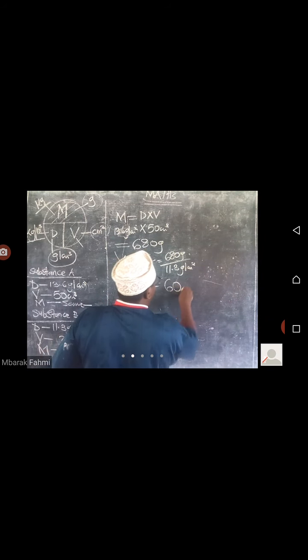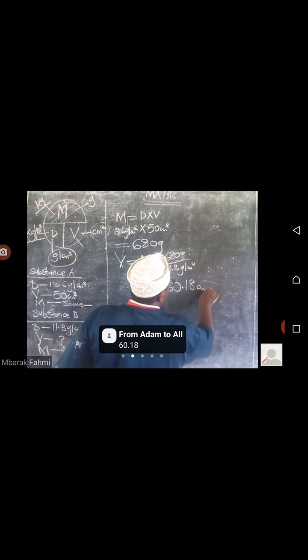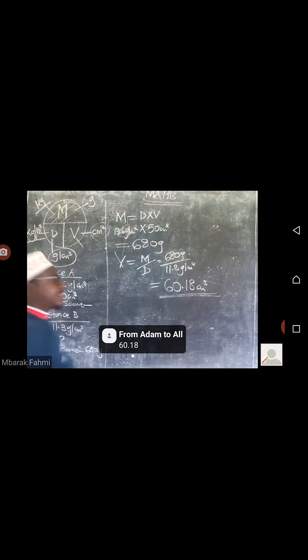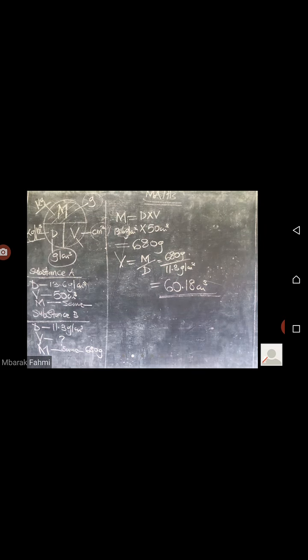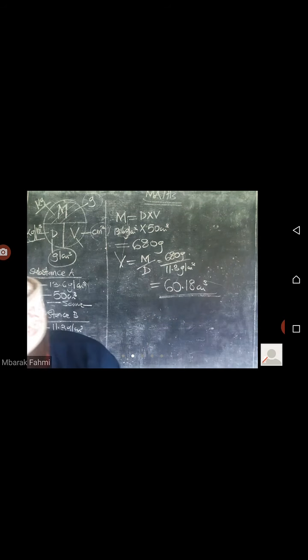That divided by 11.3 is going to give us 60.18 cubic centimeters, because that is volume.